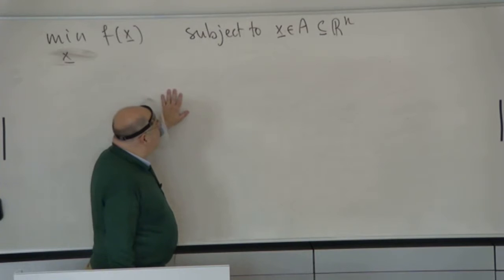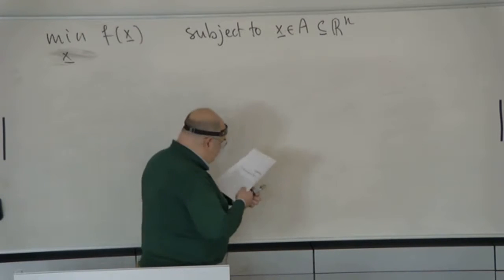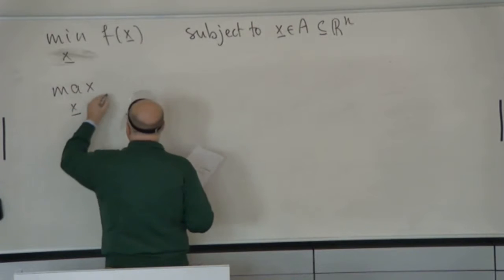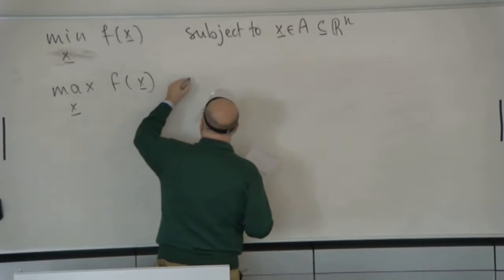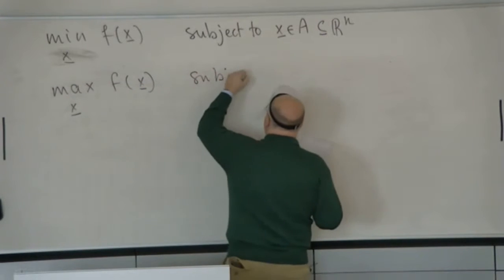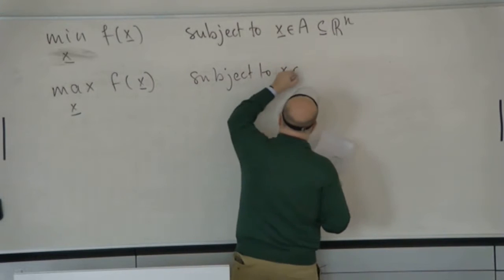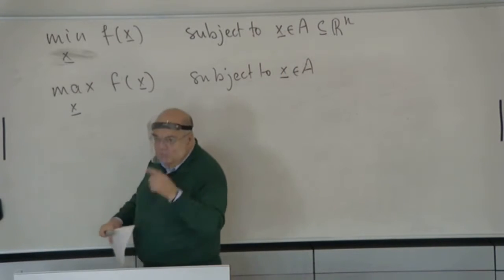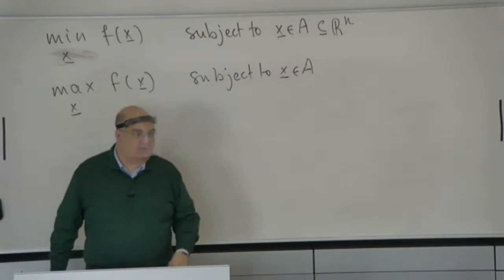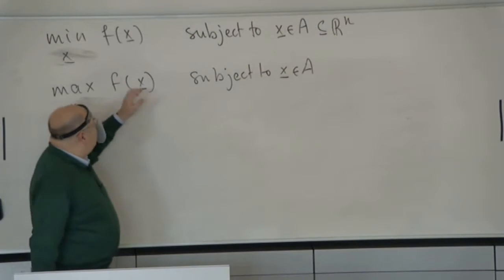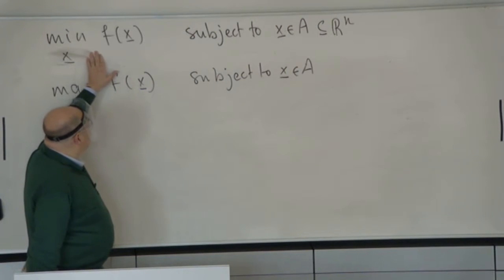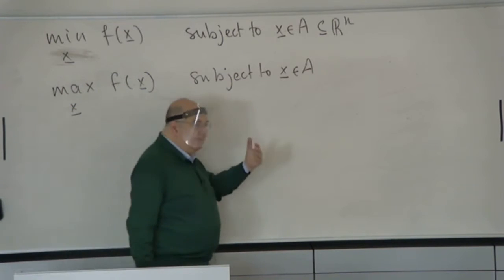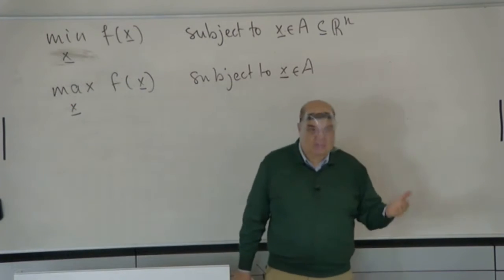So this is the general setting, and of course the other problem, which is to find the maximizers of f of x subject to x in A, is the other side of the problem. But the two problems are related to one another because if you want to find the maximizer of a function, you can find the minimizer of the negative of that function.